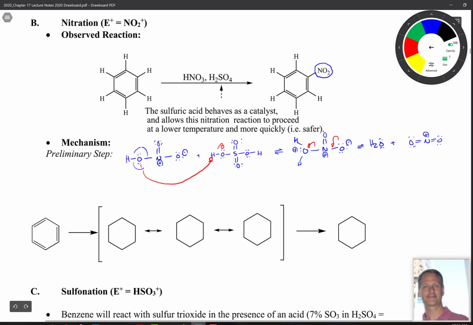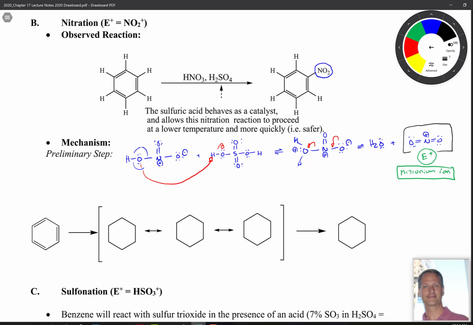A little note here, this is your E plus, your electrophile, and it is called the nitronium ion. For the sake of what we're going to be doing from here on out, we're essentially just going to take this when we talk about nitration. So we're not going to write out that preliminary step over and over again.